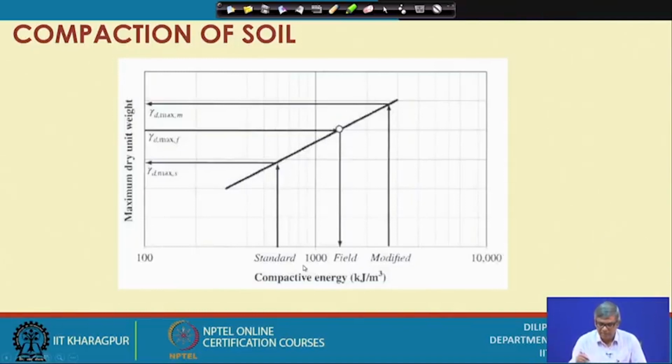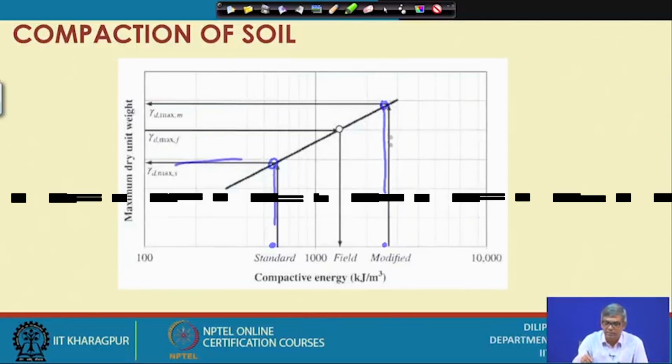We have conducted tests at different energy levels and obtained the corresponding dry densities. Suppose this is one point with energy 1 and this is another point with energy 2. These two points are plotted on a log curve, and it is observed to be a straight line. If you want to use some other energy, corresponding dry density versus energy is plotted like this.